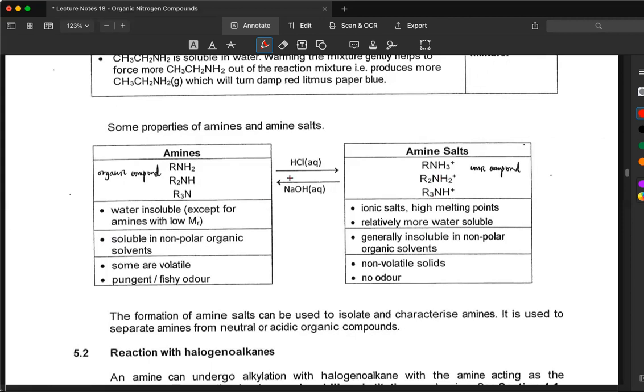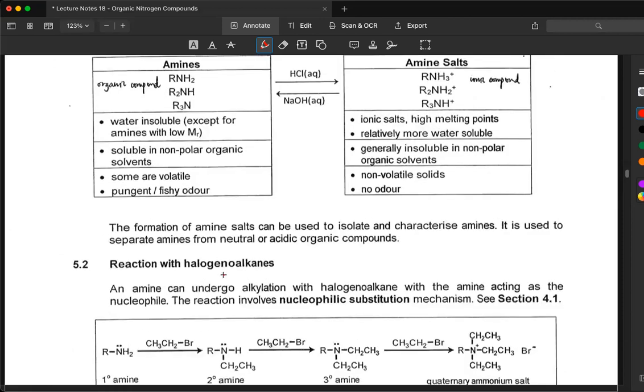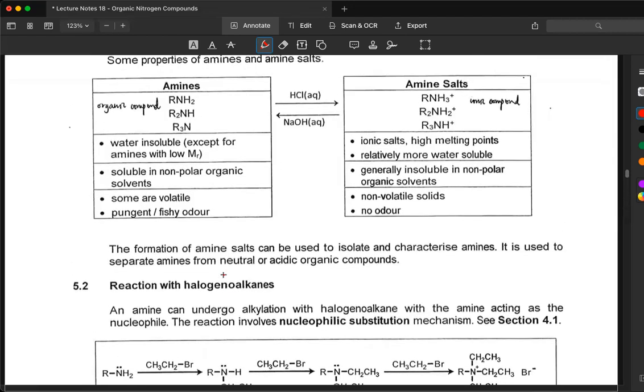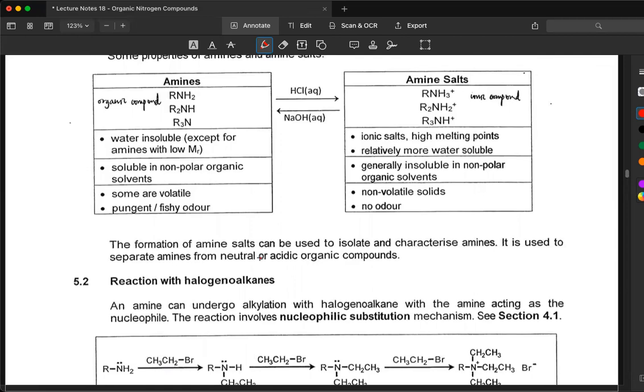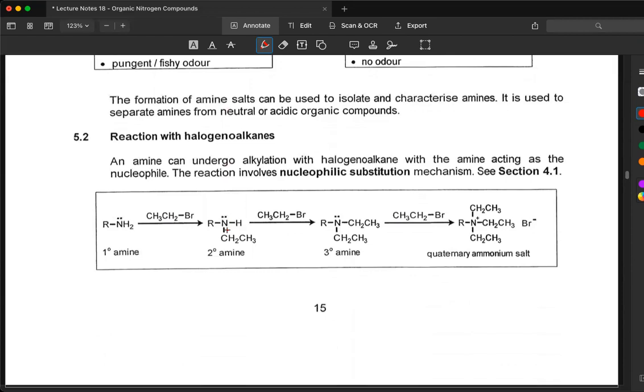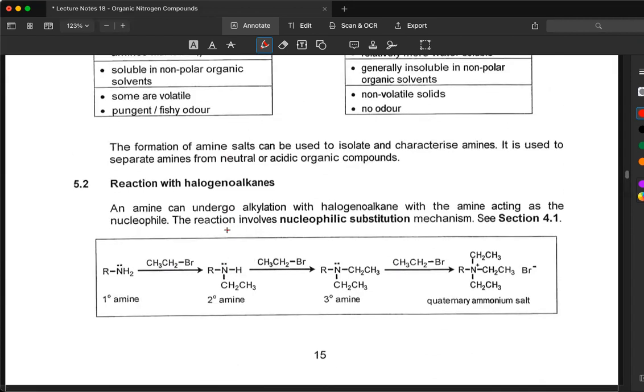That's why people add lemon juice to fish to remove the fishy smell. But if you add back alkaline, then the amine will be formed. The formation of the amine salt can be used to isolate and characterize amine. So you can also separate the amine from neutral or acidic organic compounds, because the salt is soluble, so it can be separated easily.